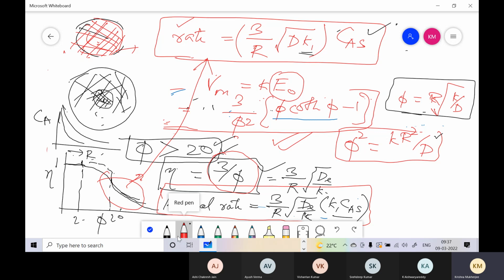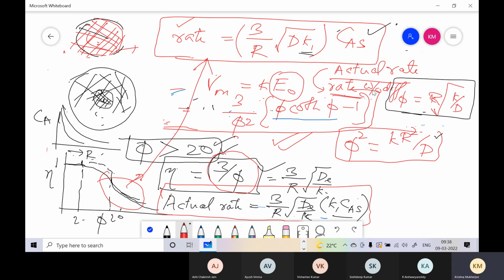What is efficiency? Efficiency is the actual rate upon the rate which you would have achieved without diffusion. So a falling efficiency means that the actual rate is tremendously impacted. Low efficiency means the actual rate is much lower than the rate you would have achieved without diffusion.